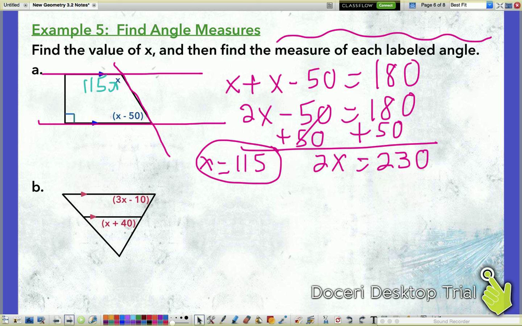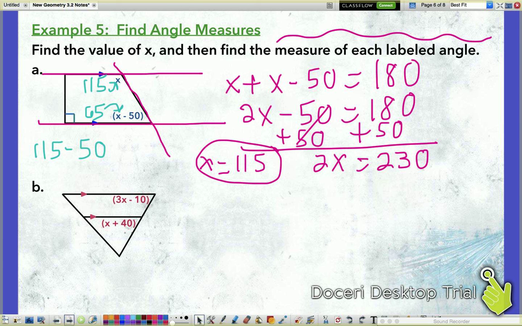And then to find that, I would take 115 minus 50. That would be 65 degrees. And that would be that. Do they total 180? Yes, they do. So we did it correctly.